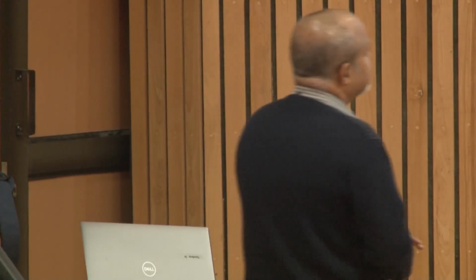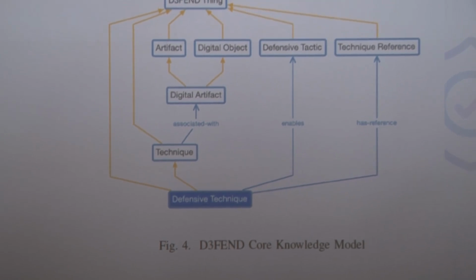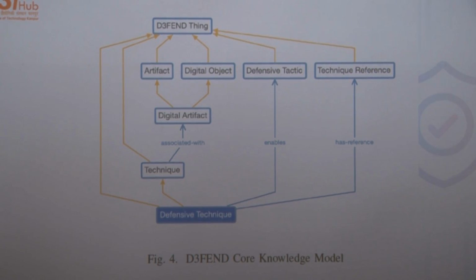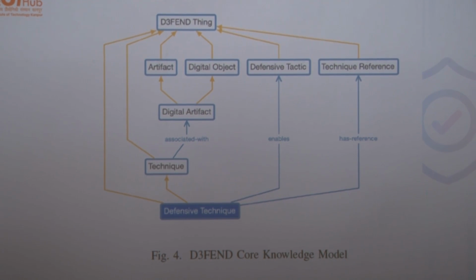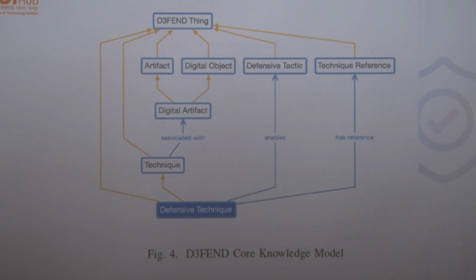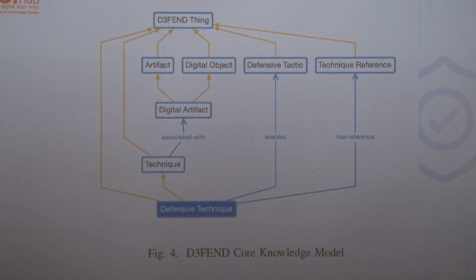But just to give you an idea about what they are saying, these yellow arrows are basically class derivation or class hierarchy, and the blue arrows are basically what we call attribute relations, right?